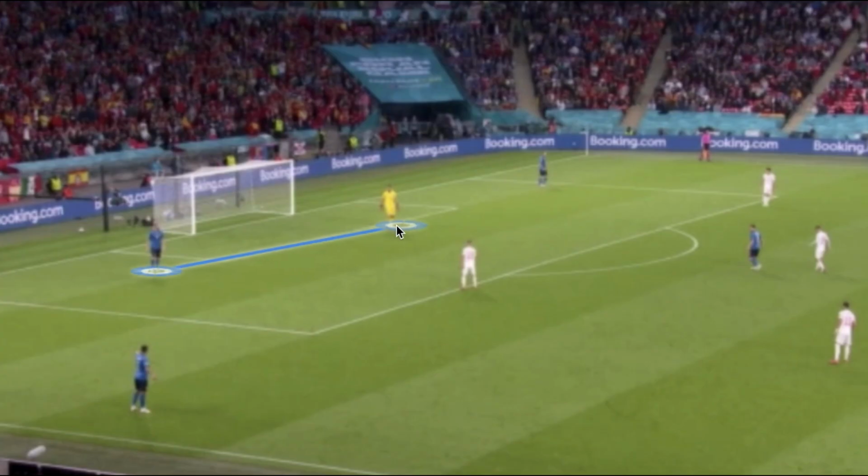Italy in their build-up, Donnarumma split Chiellini and Bonucci, and their fullbacks played in the wide area as well. Similarly to Spain, they had a similar 4-3-3 structure initially with their forward dropping back, but with their forward dropping back, there was more to play a more direct option or initiate a third man movement.